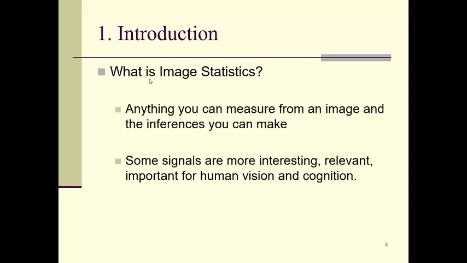For this slide, the question that we have here is, what is image statistics? We say that in general, it is anything that you can measure from the image, okay? And any inference, or any deduction that you can get from this image. We say that some signals are more interesting, relevant, and important for human vision and cognition.